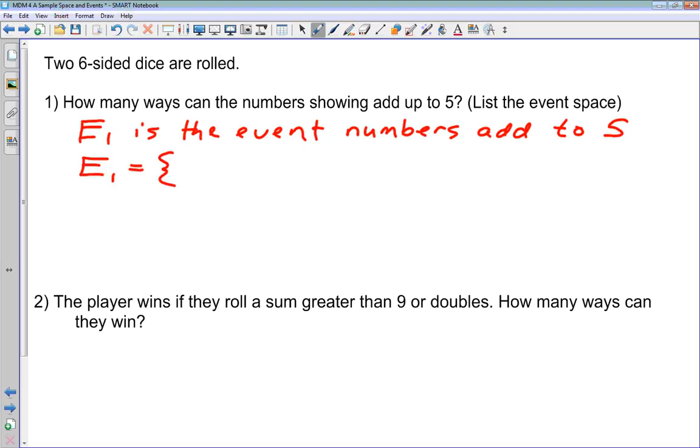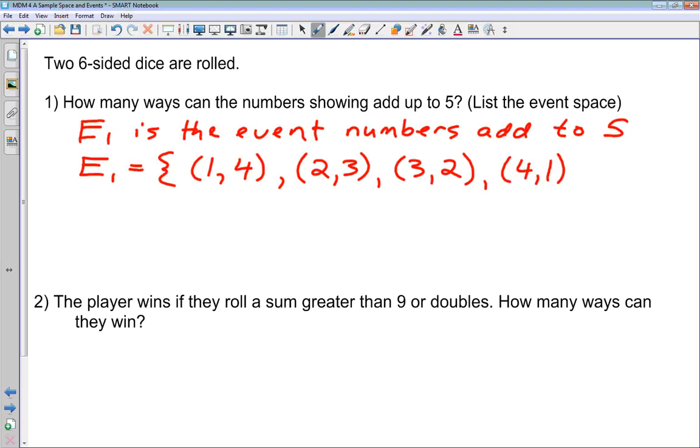Well, what possibilities are there in our event space here? We could have a 1 on the first die and a 4 on the second. We could have a 2 on the first one and a 3 on the second. We could have a 3 on the first one and a 2 on the second. And then we could have a 4 on the first one and a 1 on the second.